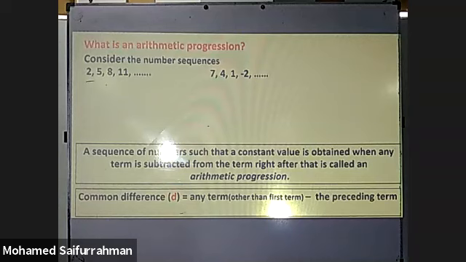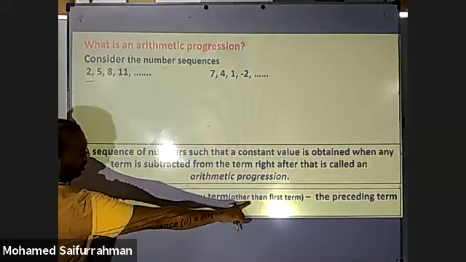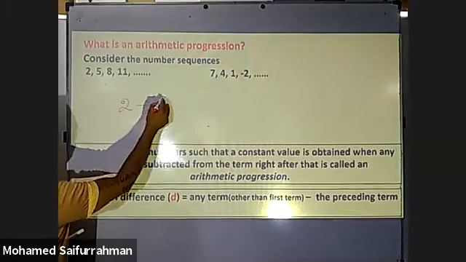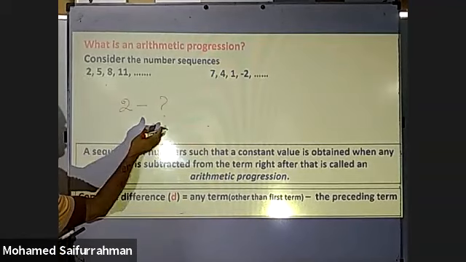And also the common difference D can be calculated as any term other than the first term minus the preceding term. If you take the first term, meaning 2, 2 minus what? You can't.